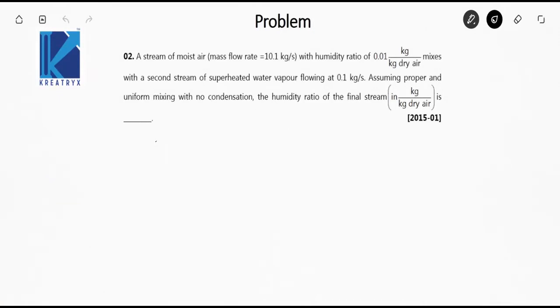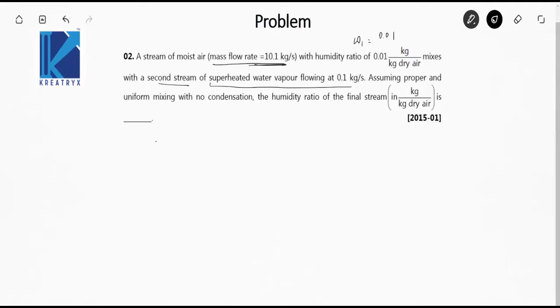The next question is: a stream of moist air, with mass flow rate given as 10.1 kilogram per second and humidity ratio omega 1 of 0.01 kilogram of water vapor per kilogram of dry air, mixes with a second stream of superheated water vapor.